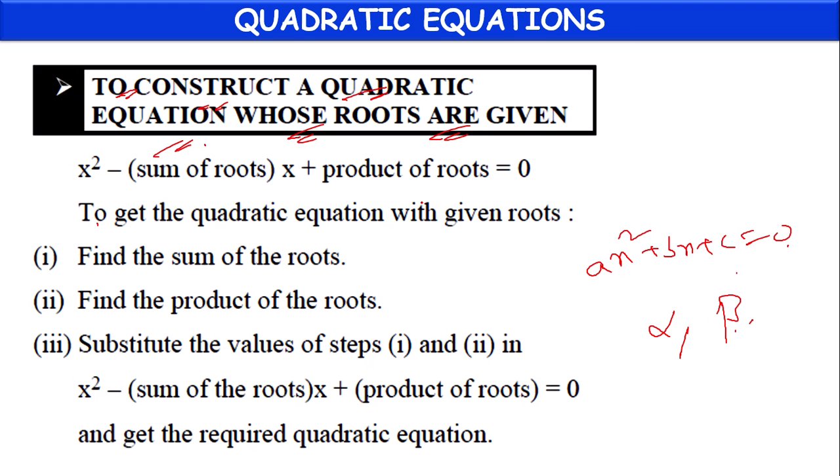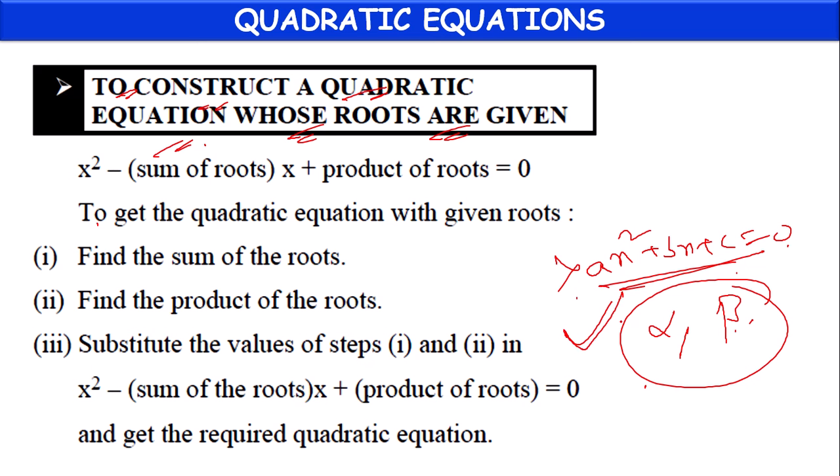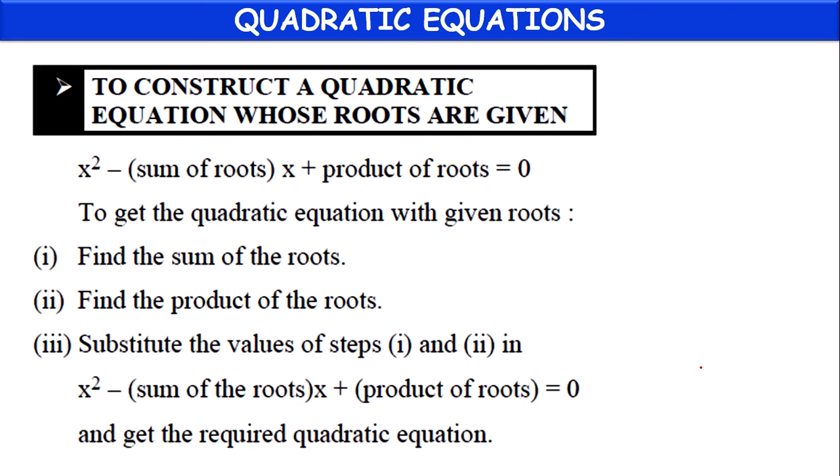Here they have not given the equation, but simply they have given the roots. Now the question is, if the roots are provided, how to construct a quadratic equation based upon the roots, or based upon the sum of the roots or the product of the roots. That we are going to learn now.